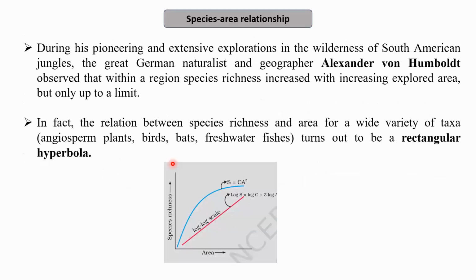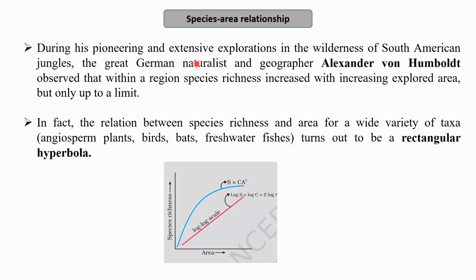The next is the species area relationship. The relationship between species richness and area was described by a German naturalist and geographer, Alexander von Humboldt.